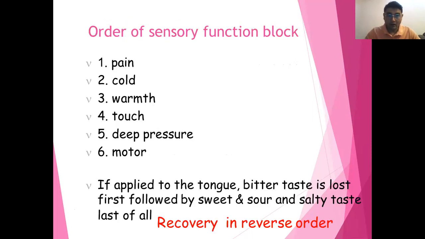So, order of sensory function block. When we inject or apply the local anesthetic in the area, these sensory functions will be blocked: pain sensation, cold sensation, warm sensation, touch sensation, deep pressure, and motor.